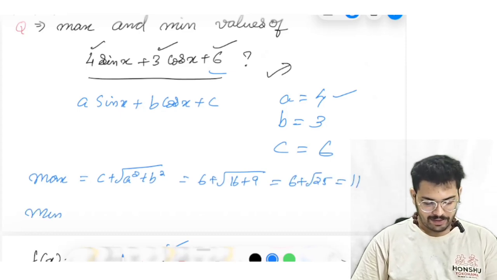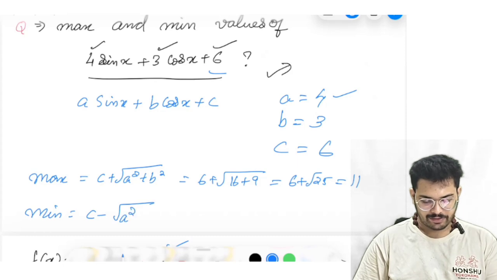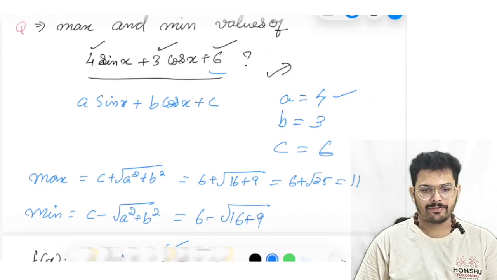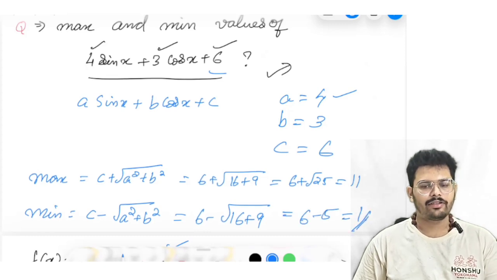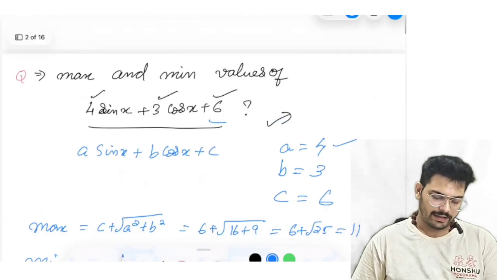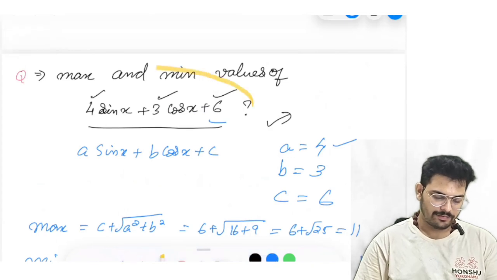The minimum value will be c minus root of a square plus b square, which is 6 minus root of 16 plus 9, which is 6 minus 5, so our value is 1. That's how we find the maximum and minimum value of this form of equation.